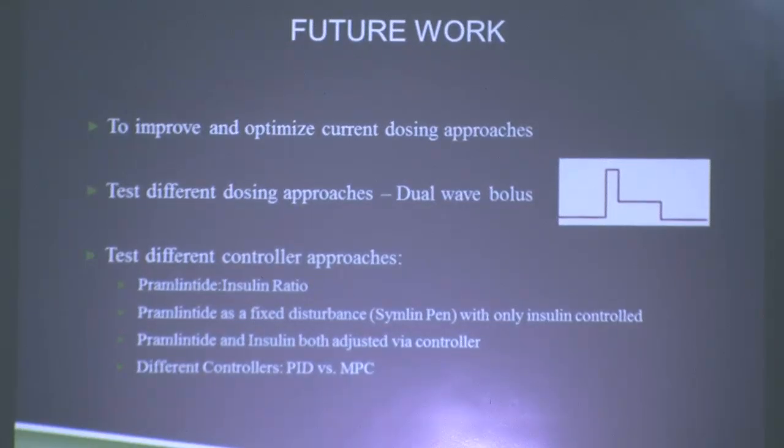To test pramlintide as a fixed disturbance, such as using a simulated pen, which is found commercially with only insulin control. And this is actually what was done in the Weinzimmer study that I told you about. And then also pramlintide and insulin both adjusted via controller, and then finally testing different controllers. So a proportional integral derivative controller versus a model predictive controller.